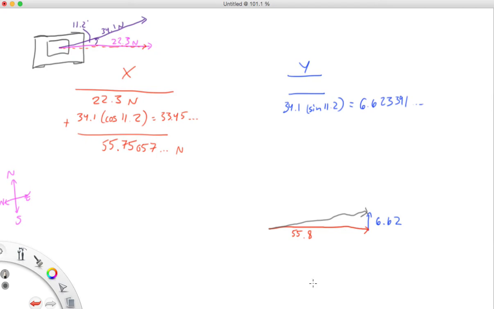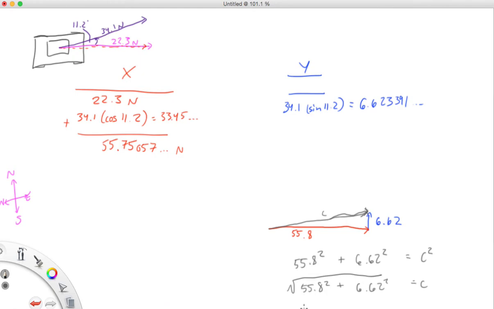It's going to be 55.8 squared plus 6.62 squared, and that will equal c squared. So the magnitude of this is going to be the square root of 55.8 squared plus 6.62 squared. That will equal our resultant.